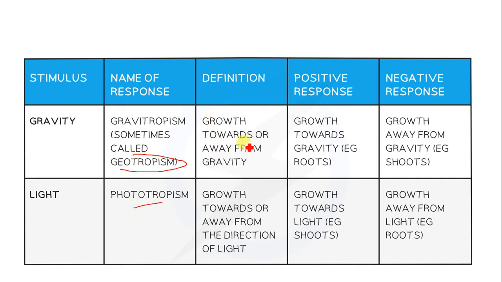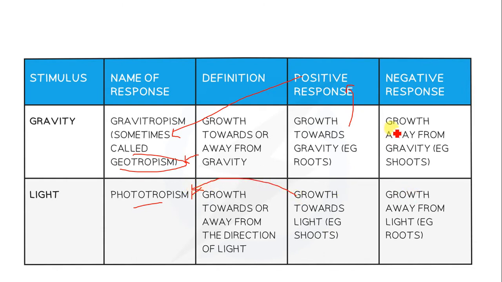Definition: growth towards or away from gravity is gravitropism, while growth towards or away from the direction of light is phototropism. Now, when the growth is towards gravity, e.g., the root grows towards gravity, that's a positive response. So in this case, it's called positive gravitropism. But when the growth is towards light, e.g., the shoot, that's positive phototropism.